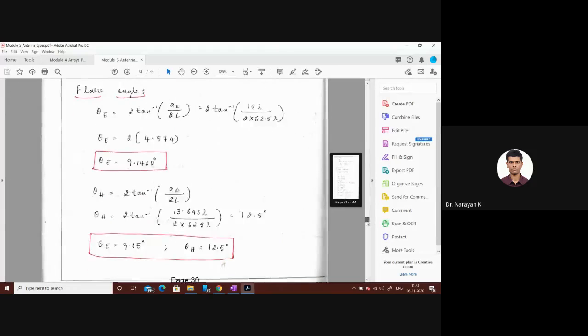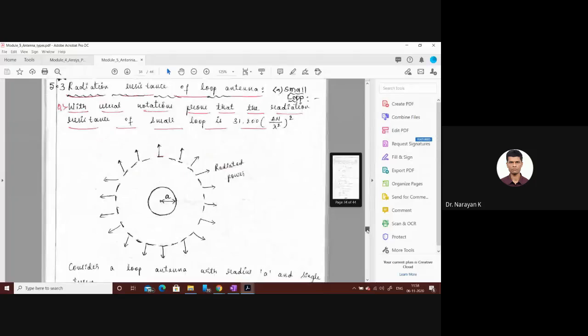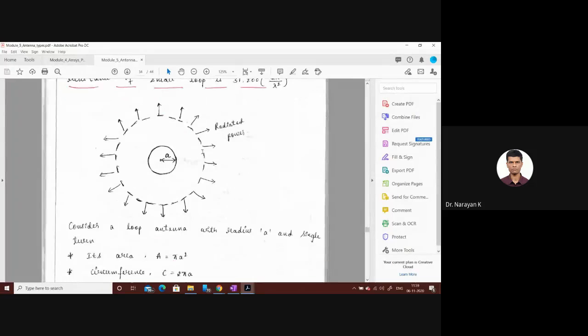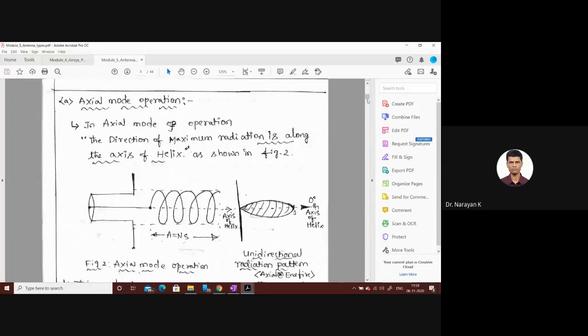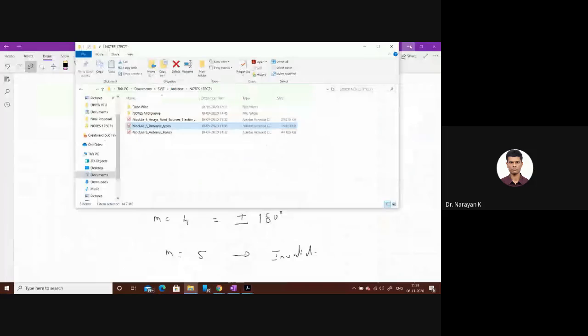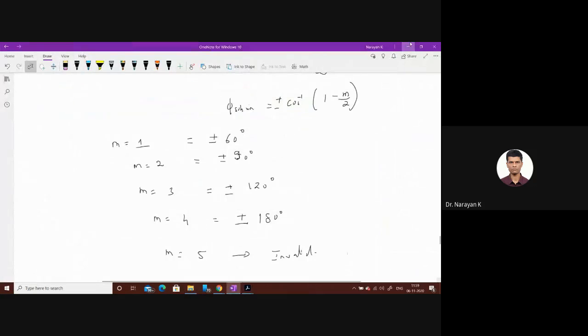Then you have problems on horn antenna and helical antenna, which I'll do a little faster. Then you have what is known as a loop antenna, which will take a little bit of time. So this is what is left in the syllabus from my side. Fourth module, exactly, I have finished half right now.